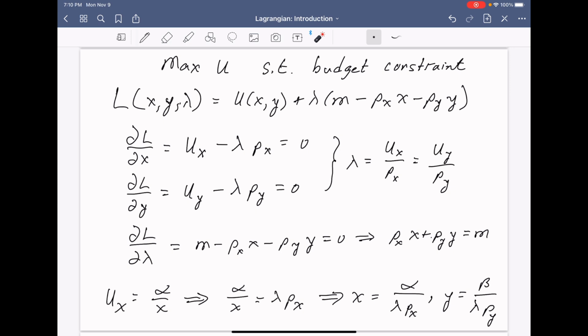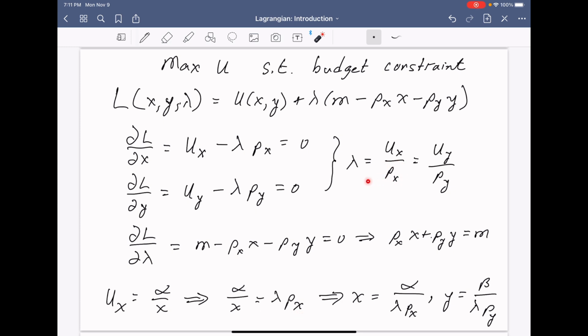So what we do is we first find these marginal utilities, and we can solve for x by first arranging it. We plug in this value of alpha over x here, and that's equal to lambda, and then we just rearrange it so that alpha over x equals lambda times p of x.